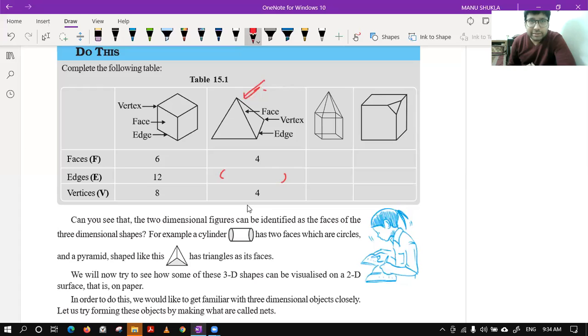First, tell me, is this a square pyramid or a triangular pyramid? Please tell. Is this figure a square pyramid or a triangular pyramid? Okay, it is looking like a square pyramid, but I'm afraid it is different because as per them, 1, 2, 3, and 4, they are saying there are four faces.